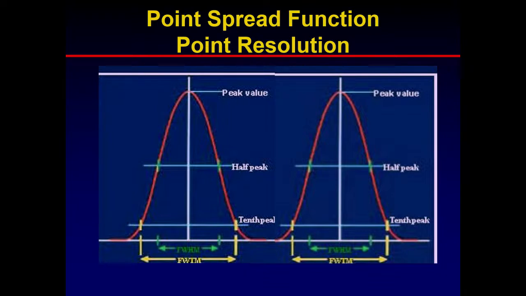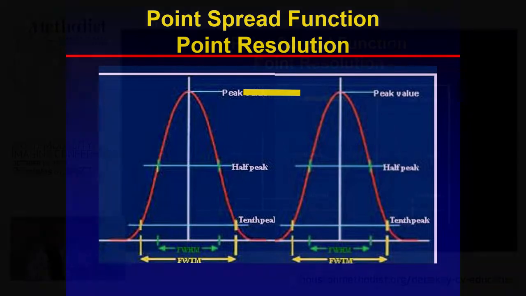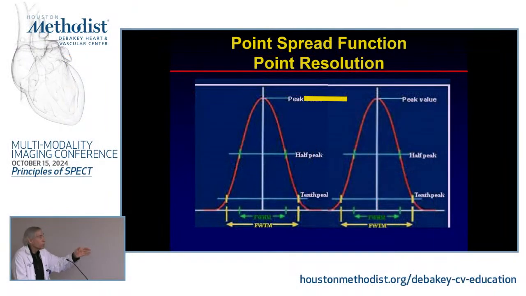Remember, when you image a point, every point is going to have a spread function, and it's going to be larger than what you would expect, depending on your collimation. If you take the full width half maximum, these 2 points would be discernible as 2 separate points because they fit outside the full width half maximum, okay?